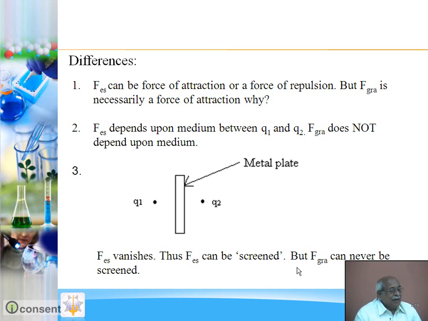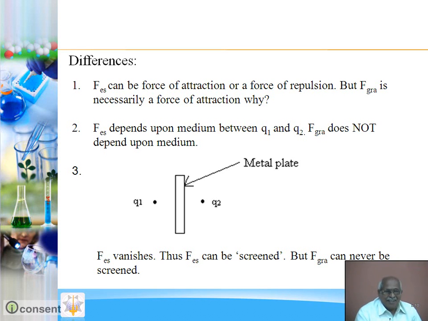See the differences here. First thing is electrostatic force can be either a force of attraction or force of repulsion, depending upon whether charges are similar or opposite. Electrostatic force can be a force of attraction or repulsion.